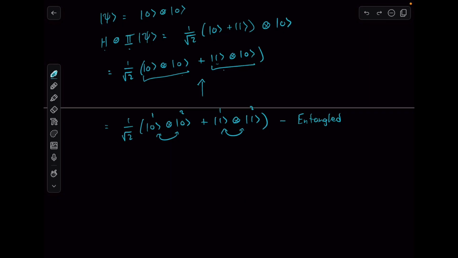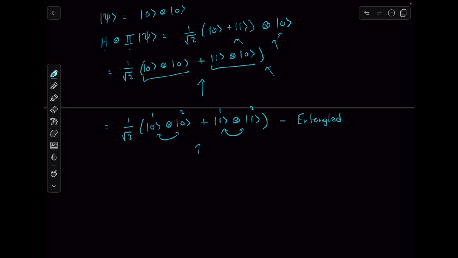Now, the definition of entanglement for a 2-qubit state is one that can't be written as a tensor product of 2 single-qubit states. So with that definition, it's easy to see that this state up here is not entangled, since we just wrote it up here as a tensor product of 2 single-qubit states, namely 0 and then this superposition of 0 and 1. But we can't repeat that process over here.